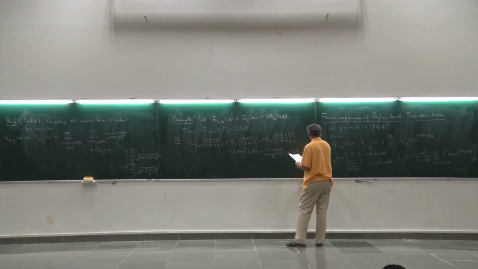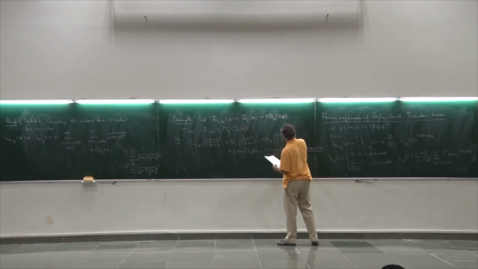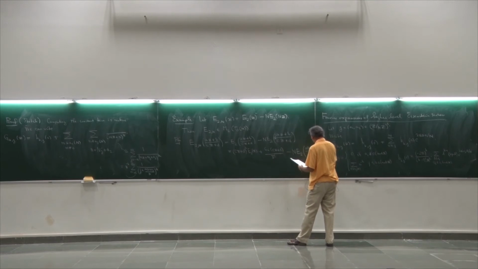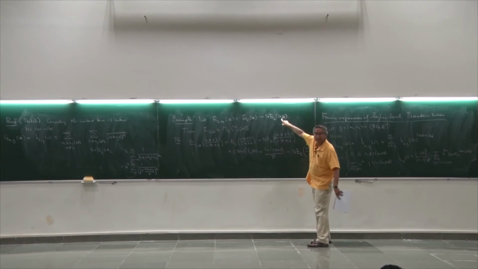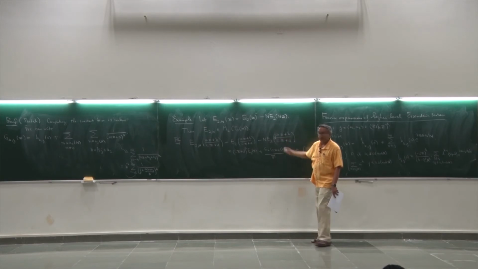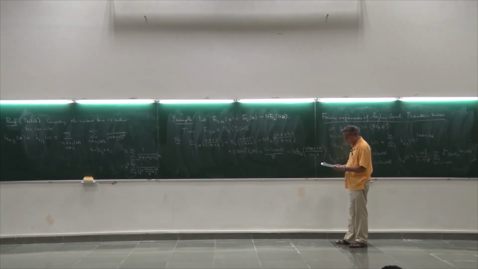Oh, sorry, there should have been an N, right? There's an N here. That's why. Okay, that makes sense, N times (cz plus d). I was wondering how that crept in. It's N times z, right? So I change z to (az plus b over cz plus d), and I have to multiply by N. So this is what you have.